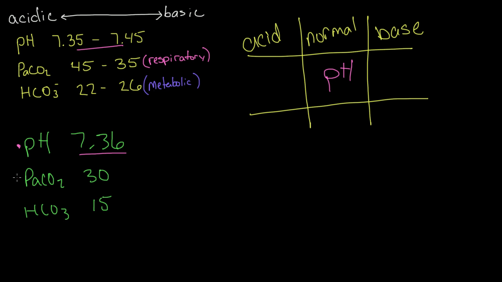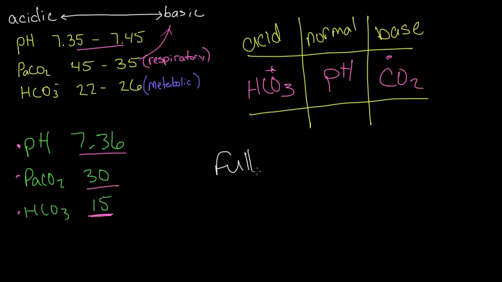Our PaCO2 is 30, which is basic, so we write our PaCO2 in the base column. And then we look at our bicarbonate, 15. 15 is acidic, so we write this in the acid column. So now it's time for our diagnosis, but remember now that our pH is normal and the other two values are abnormal, we have a case of full compensation.